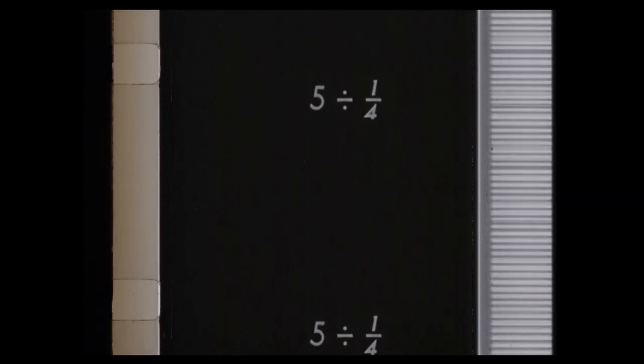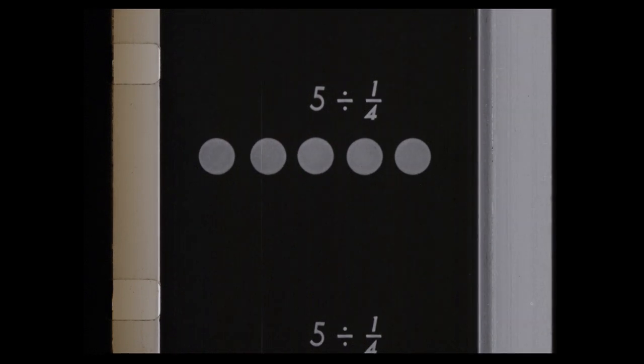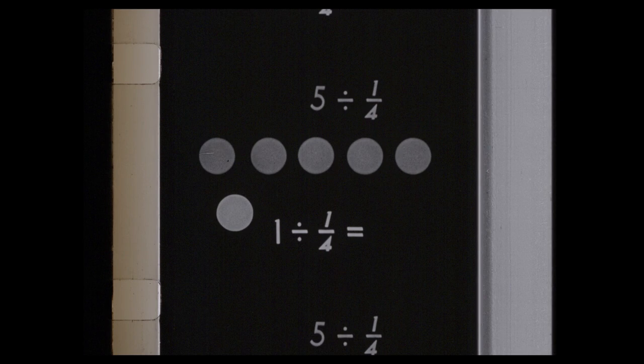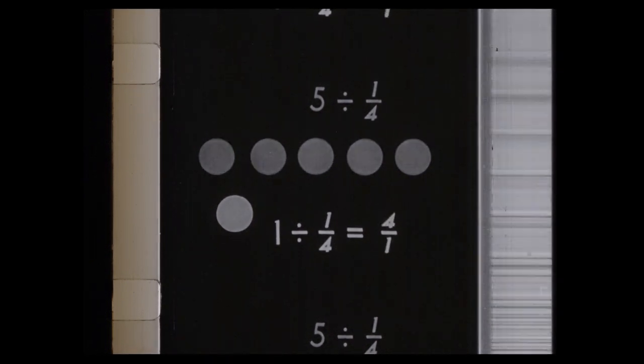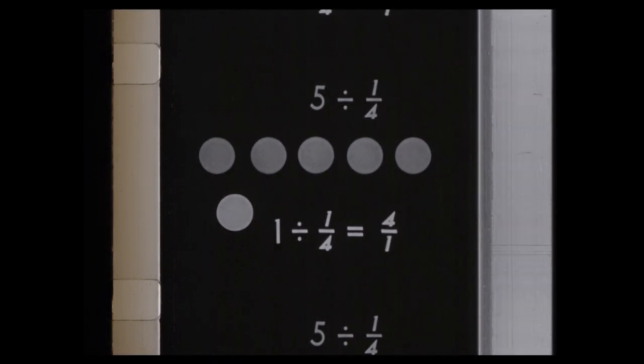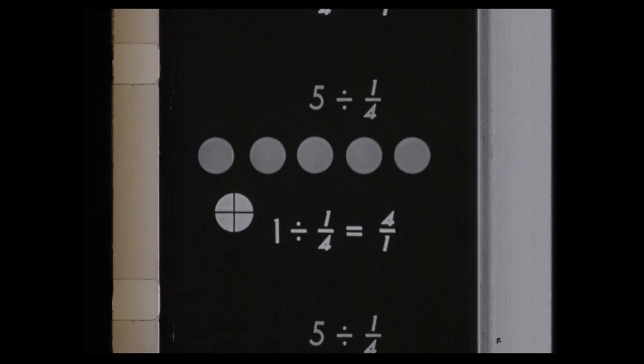Now let's review what we've learned up to this point. When we want to divide any number by a fraction, we first invert the fraction. That tells us how many times that fraction is contained in 1.